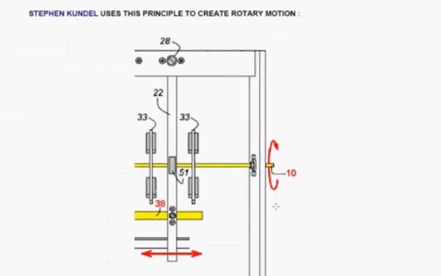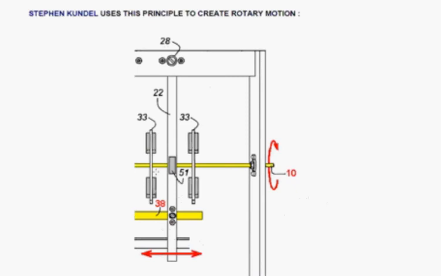Now, there are quite a large number of designs which use that principle. One of them that's well known is by Stephen Kundell, and he creates rotation of the shaft, marked number 10 in this diagram, by wobbling the moving arm, which is shown here, left and right vertically.